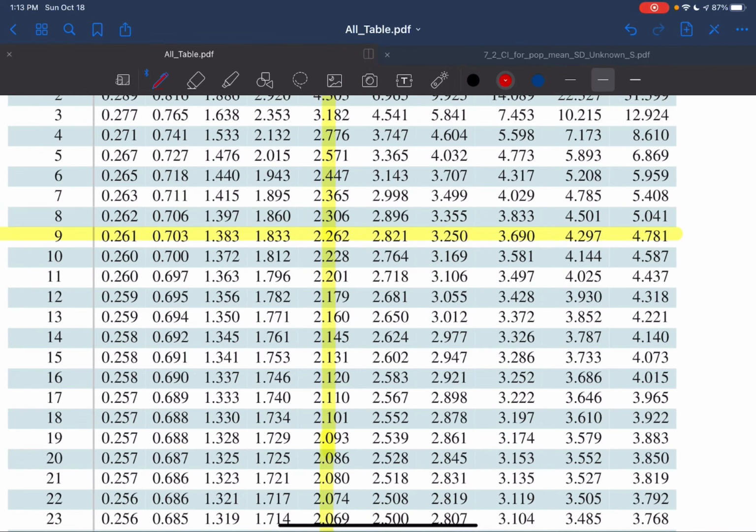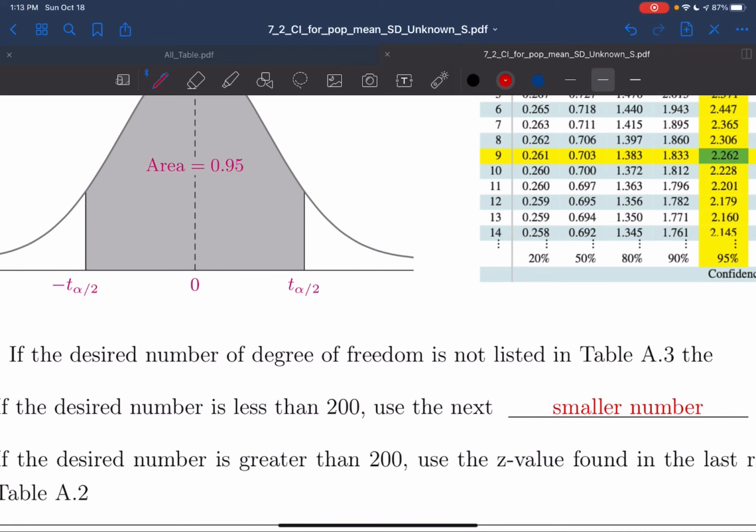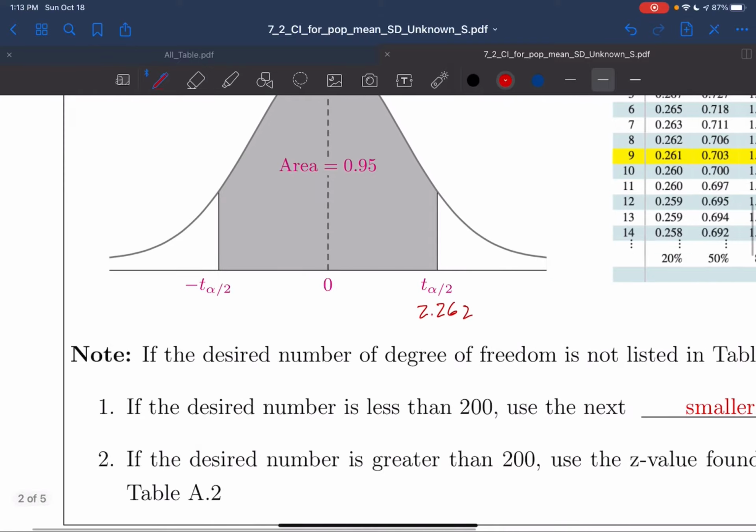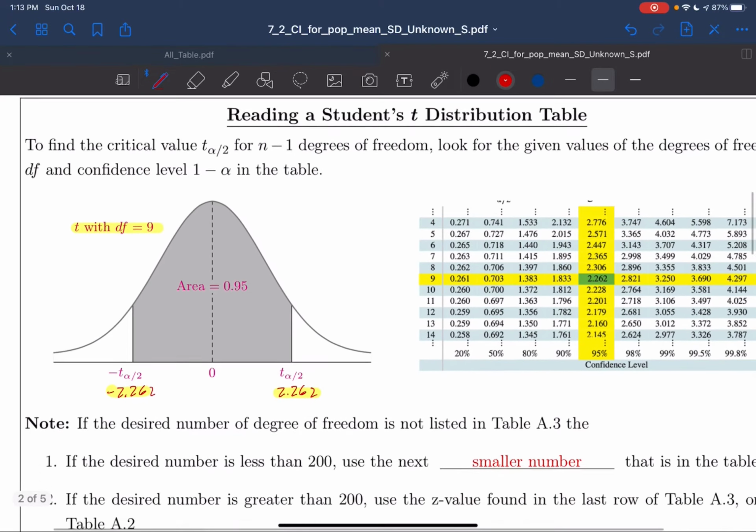And they intersect right here at 2.262. So we could say that the critical value here is 2.262 and negative 2.262. So you just found your critical value for a student t distribution.